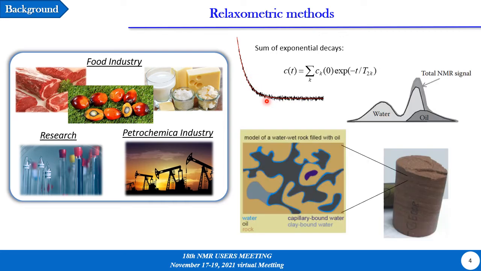However, for more complex samples as foods, rocks, we can have actually a distribution of relaxation times in a complex sample. And the inverse Laplace transform will obtain this correct interpretation of the NMR data.